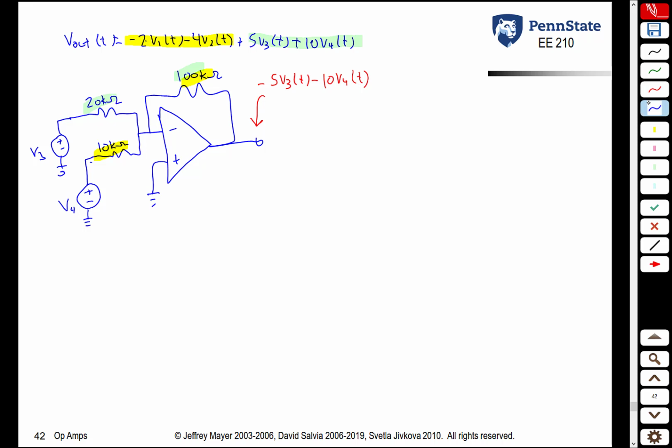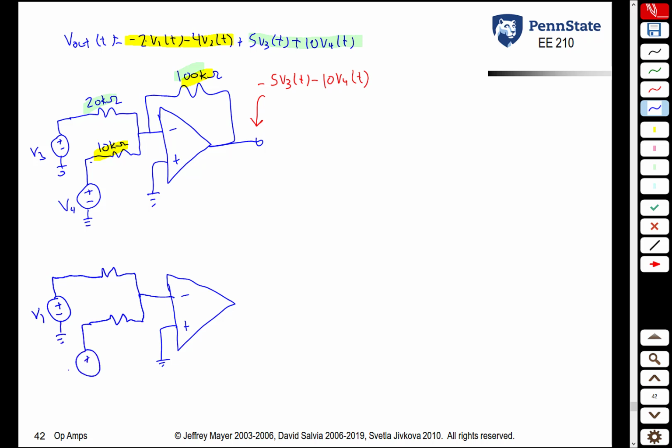Then separately, we are now going to combine V1 and V2. Same way. Non-inverting terminal is grounded. Inverting terminal. We're going to have two resistors here. One connecting to V1. One connecting to V2. And then a feedback resistor here.